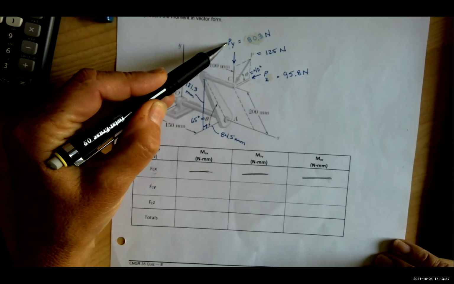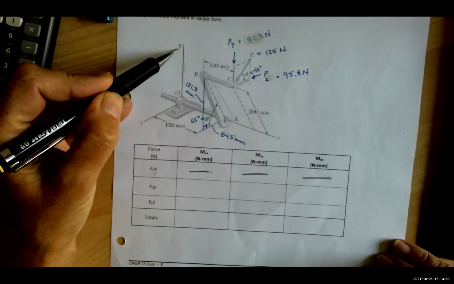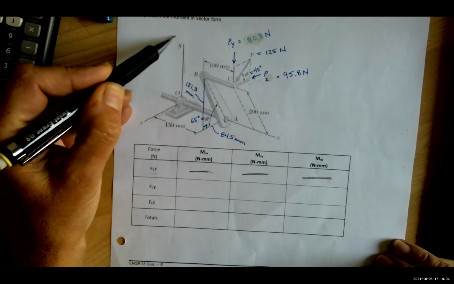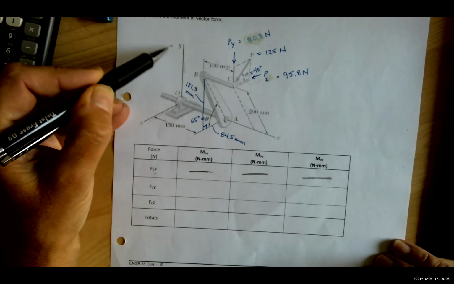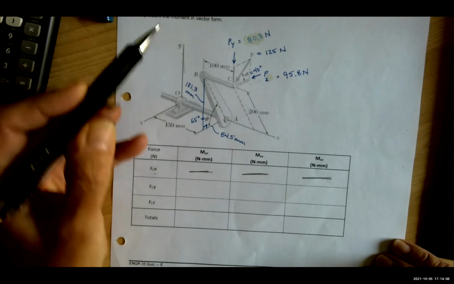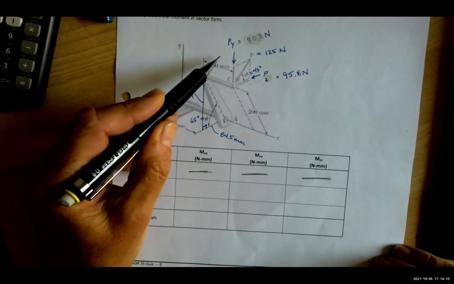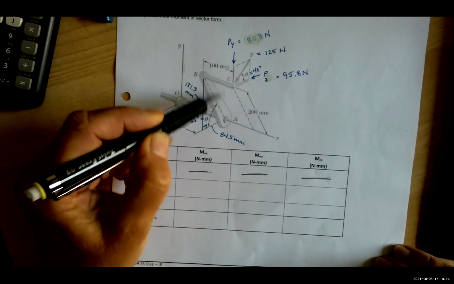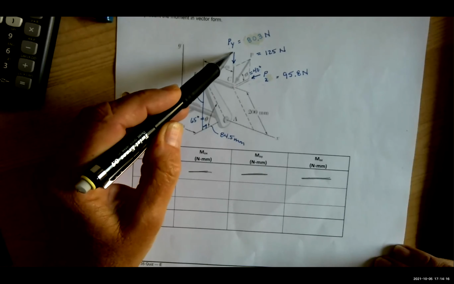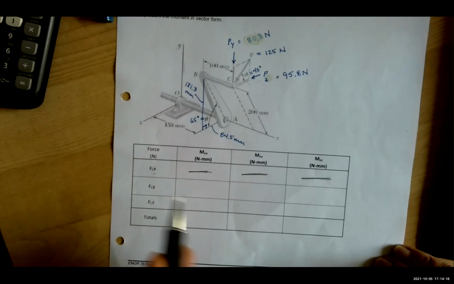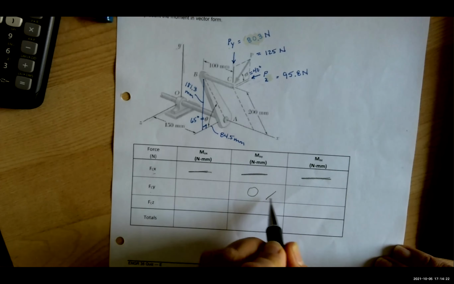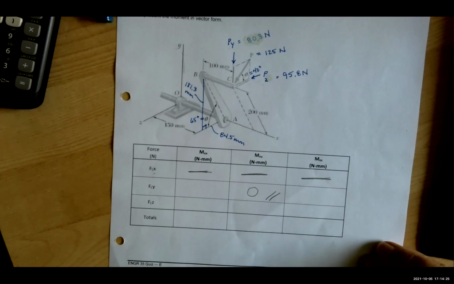Then we also know that PY can't create a moment about Y because they're parallel. It can't cause this crank to spin about the Y-axis because the force is parallel to the Y. So I know the force Y creates no moment about the Y, and it's because it's parallel.